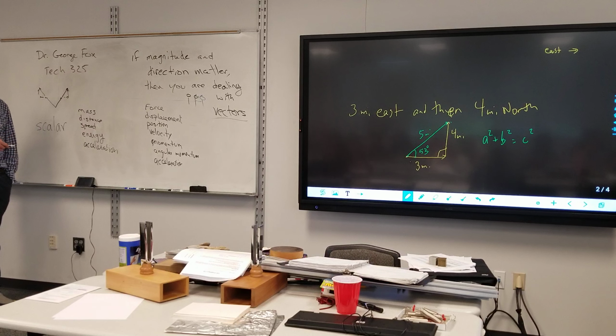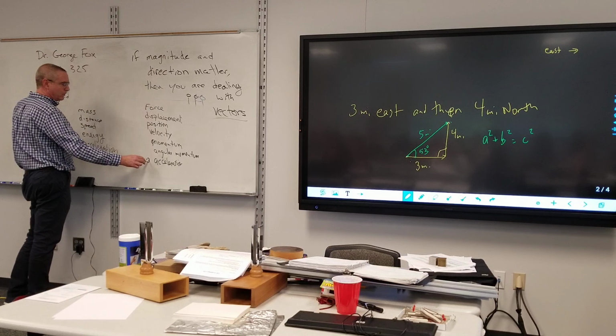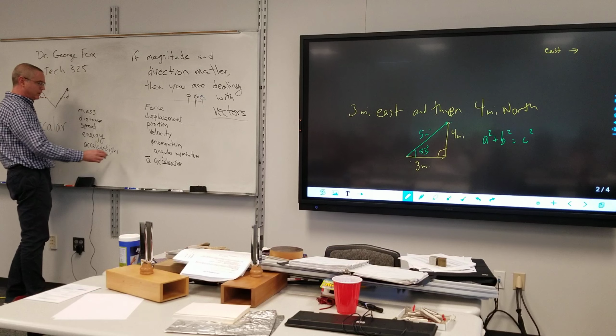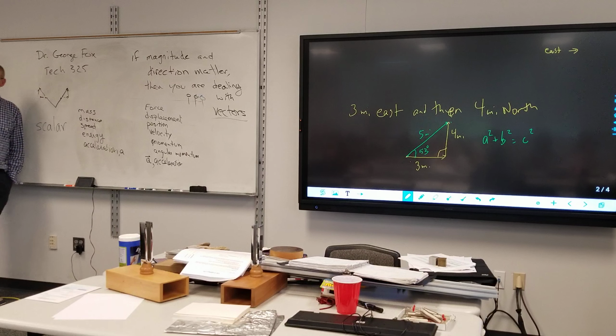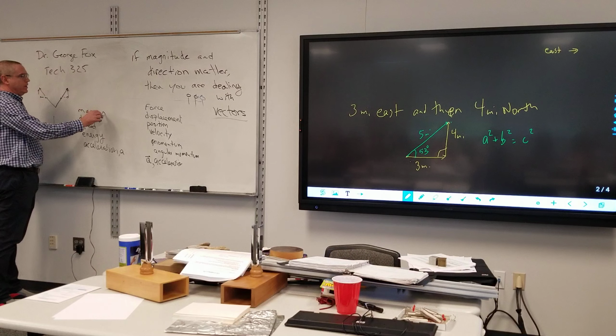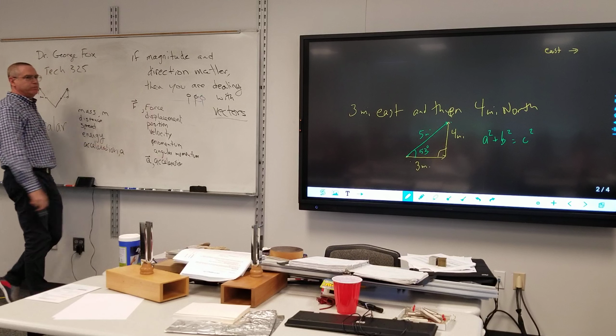So what's the symbol for vector acceleration versus regular acceleration? Well, vector acceleration, cleverly with an A, and a vector symbol over it. This is just an A. Mass is just an M. Force, F, with a vector symbol over it.